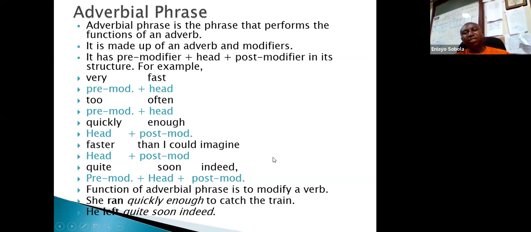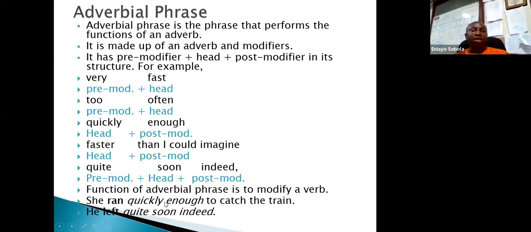But you need to note that the major function of an adverbial phrase is to modify a verb in the structure of a sentence. But you get the full detail beyond this level in the video we did on adverbial phrase online.